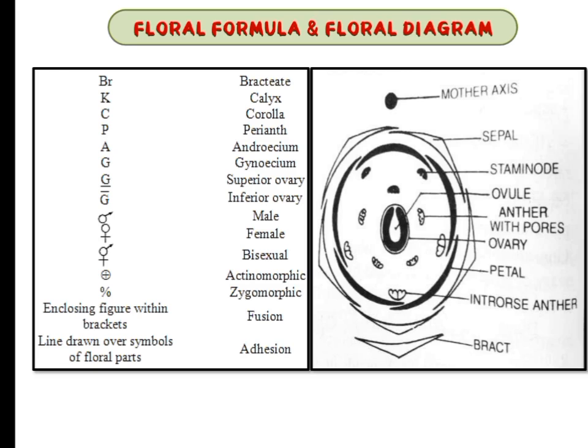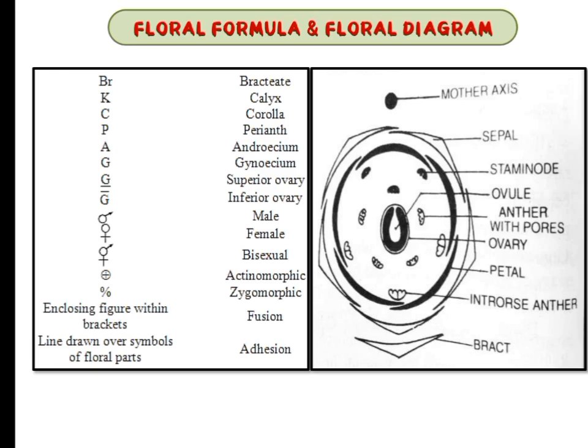Okay, just like that, if fusion is there, we will use brackets to represent the fusion. And if there is any adhesion, that means if the stamens are attached to the petals, or if the androecium is attached to somewhere. Okay, just like that, if any other attachments are there, we will use a line drawn over the floral parts, showing which floral part is attached to which floral part.